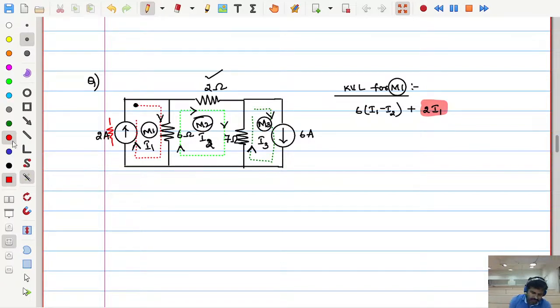Second thing is that if you are trying to write it this way, 2 into I1, always check the units properly. What is 6 here? Resistance. Resistance into current gives voltage. But see here, what is 2? Current. What is I1? Current. Current into current is ampere square. Can I add voltage to ampere square?